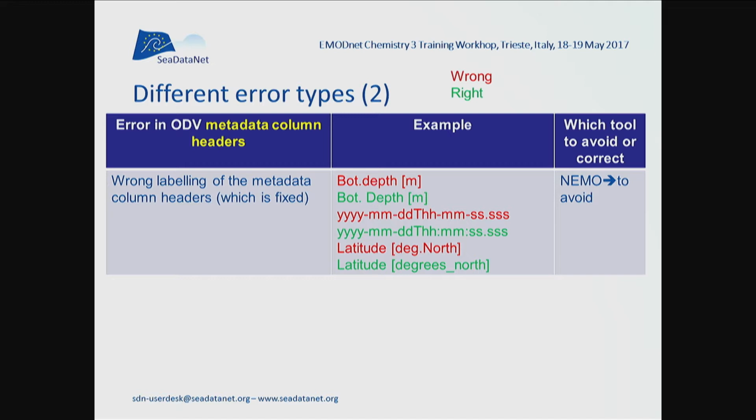So, for example, it's bottom def with a blank character between bottom and def. It has to be there and not like there. Or the date has to be with double dot here and not with this kind of character. And again, the unit of latitude is degrees north and not deg north. So these kinds of errors are avoided using Nemo.